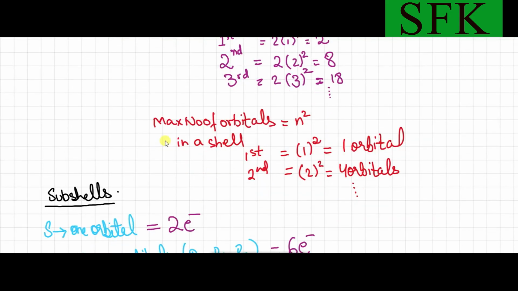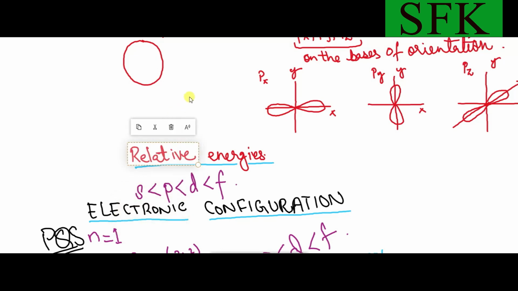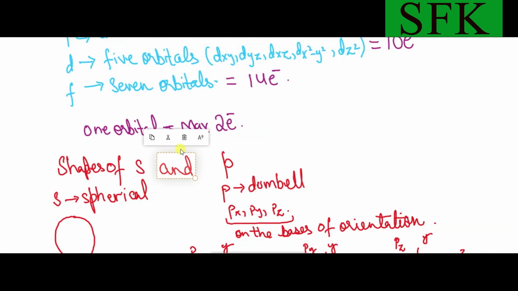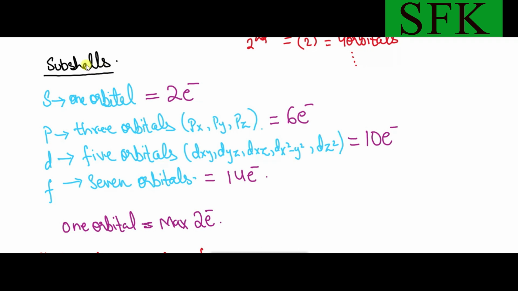Okay, let's move forward to the subshells now. Okay, subshells. The S subshell. This is something that you need to learn. This is just some learning stuff. I'll go over it. The S subshell contains only one orbital.